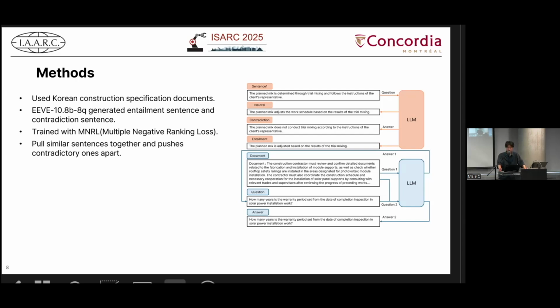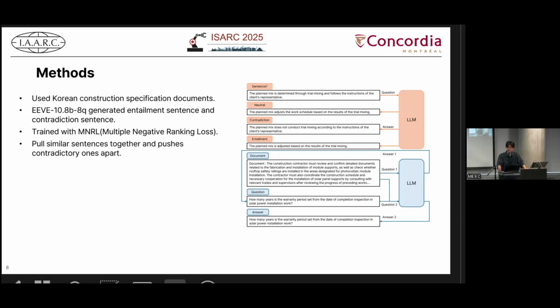The bottom one shows the test dataset. The test dataset consists of document, question, and answer pairs, where the questions and answers were generated based on the document using GPT-4o. To ensure fairness, only the quality of questions and answers was manually checked. The test dataset was not modified in any way.